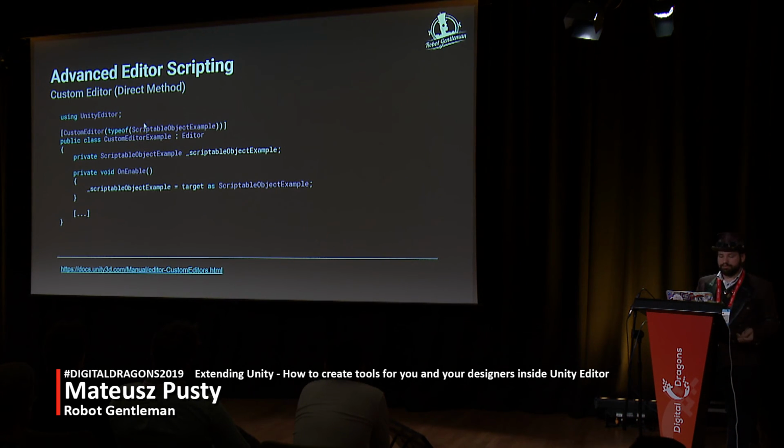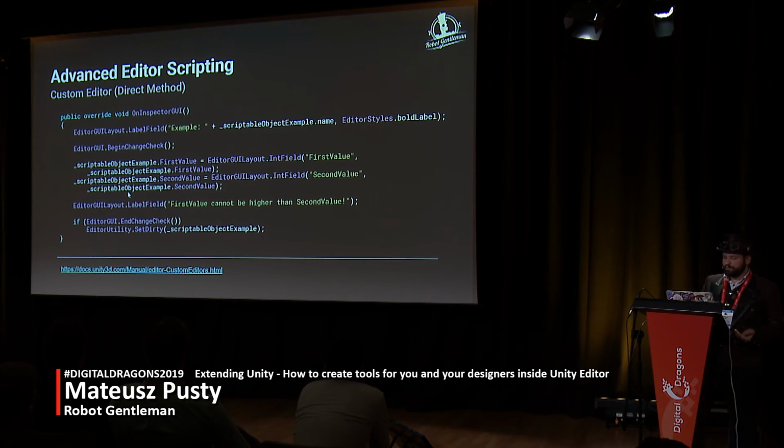The first is the direct method, I call it. And first we need to cast our ScriptableObjectExample from target. Target is a property available in the Editor class to get our scriptable object. Then, inside the method OnInspectorGUI, we can draw our label. We start monitoring our code for changes. Then we are showing integer fields for our first and second value, assigning the data from these integer fields to our scriptable object.